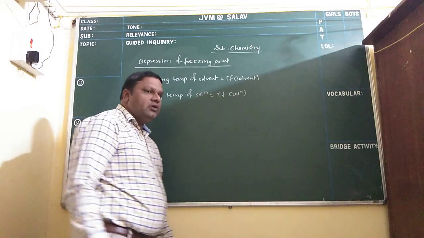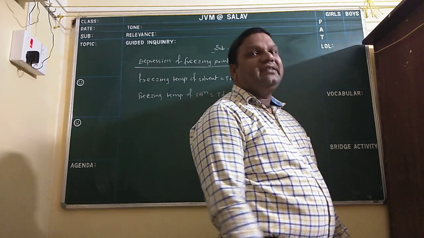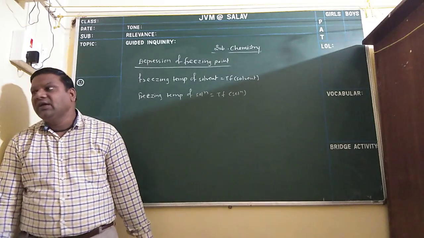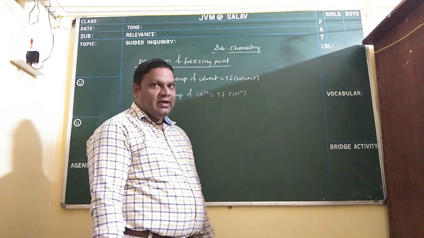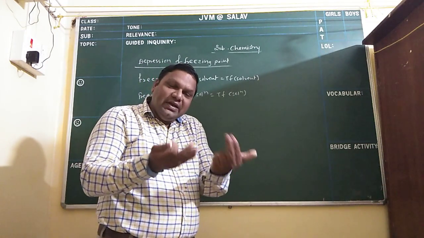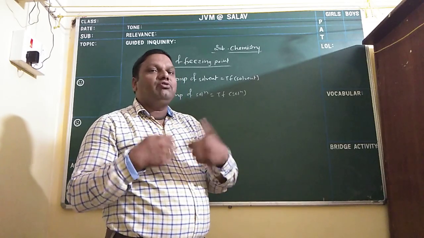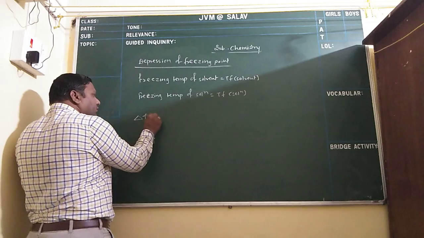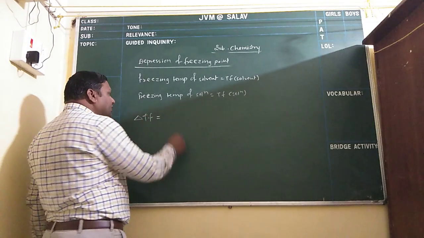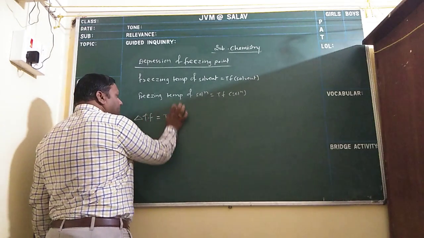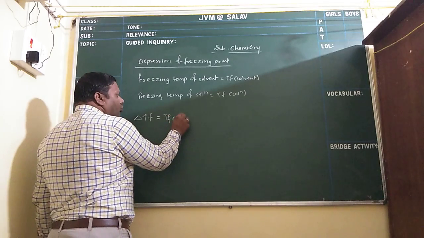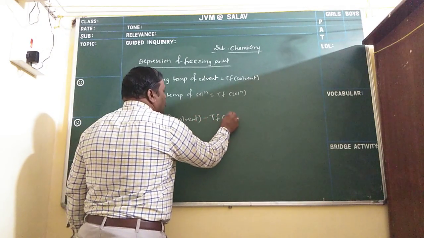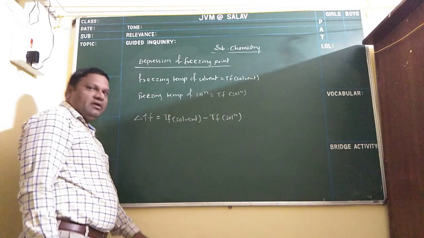And always remember, the freezing temperature of solution is lesser than the freezing temperature of solvent, because inside the solution some non-volatile solute is there, and due to the presence of solute it will absorb the negative side of heat. Is it clear? So del TF, that is depression of freezing point, is equal to TF solvent minus TF solution.